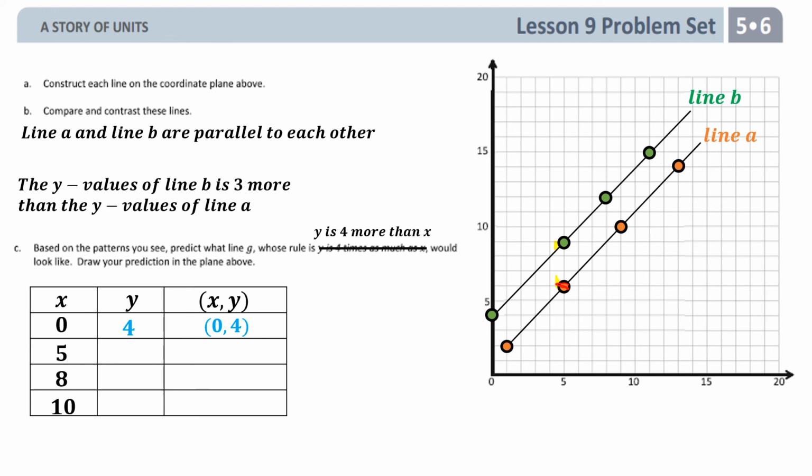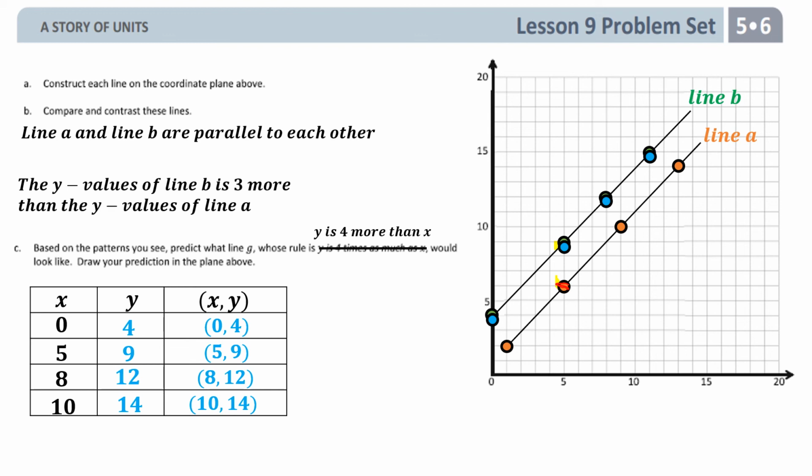For 5 here, 4 more than 5 is 9, so 5, 9. The remaining ones, 8 plus 4 is 12, so 8, 12, and 10 plus 4 is 14, so 10, 14. When I plot these points, there is 0, 4, 5, 9, 8, 12, and 10, 14.